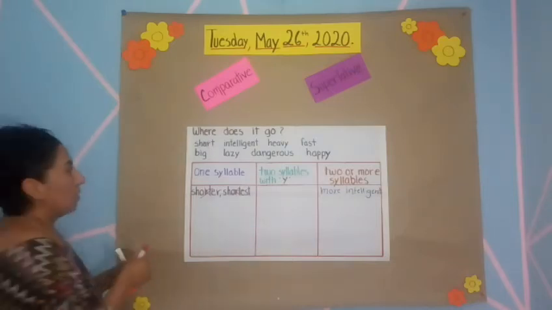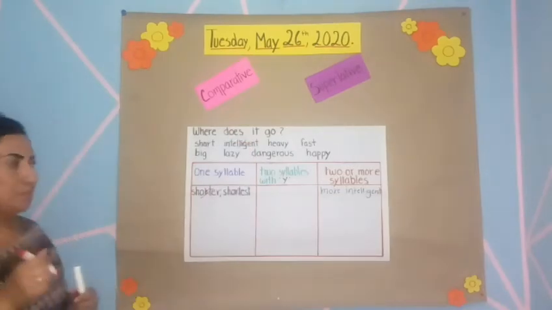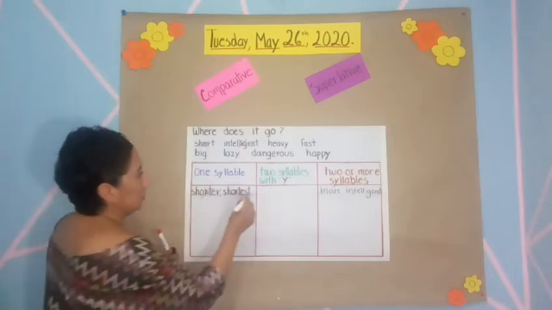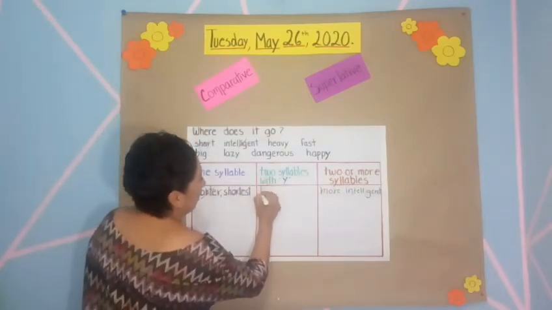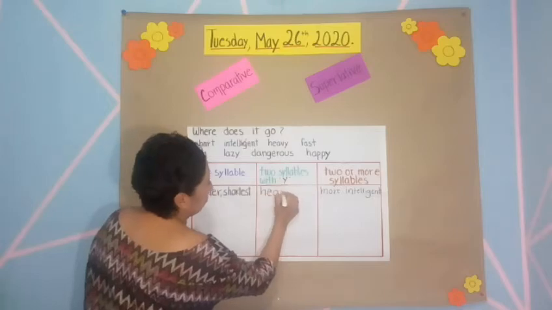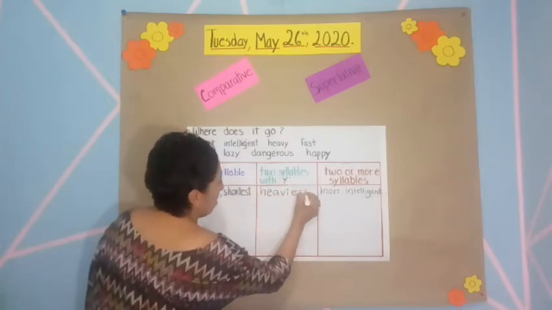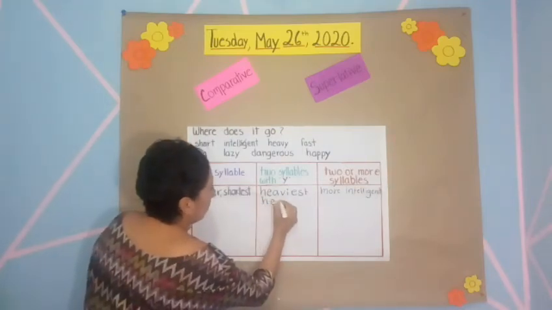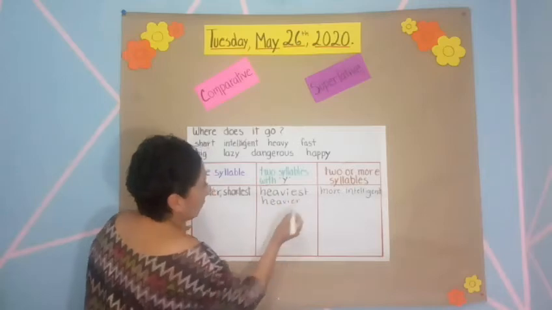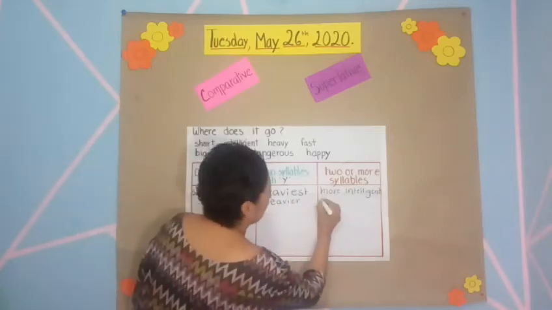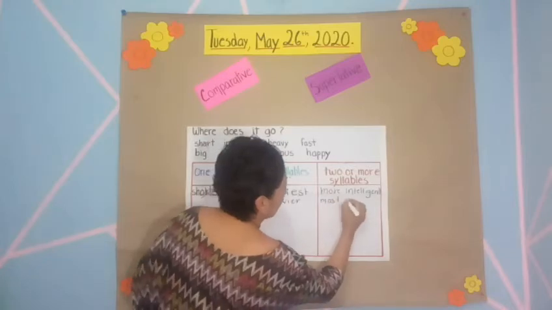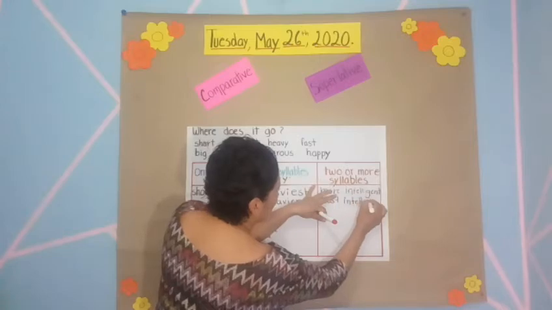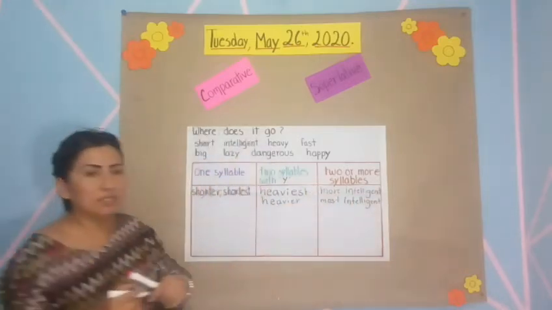Yes? Now, we have heavy. Heavy ends with the letter Y. In this case, it is in the second column. Heavy changes to heavier and heaviest. And for intelligent, we have most intelligent.